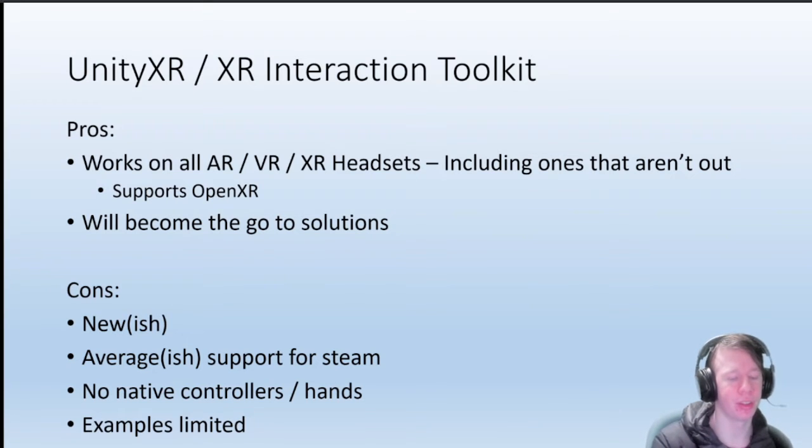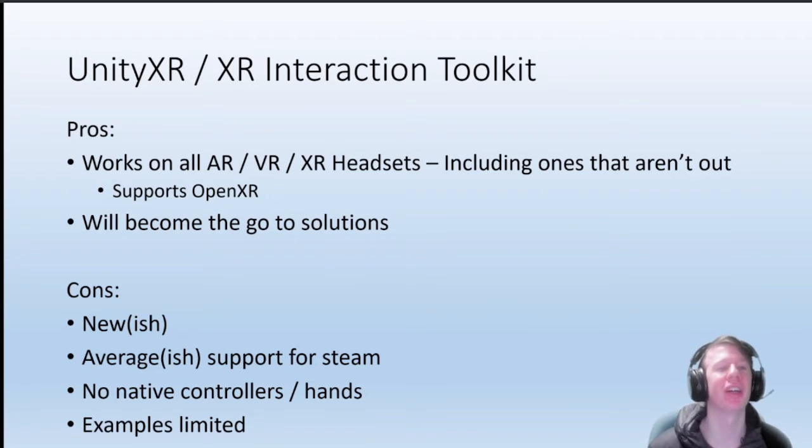Next is the Unity XR interaction toolkit, which is what I use for this project. It works on all the major headsets. You have to hack it a little bit to get SteamVR into it, which is kind of average-ish.